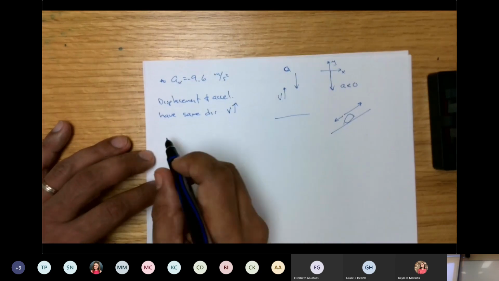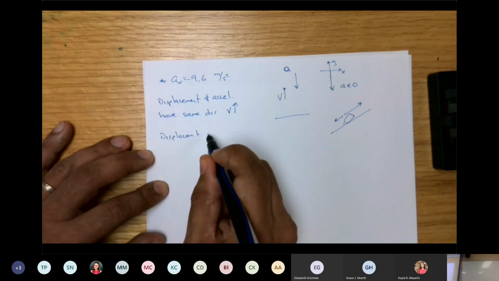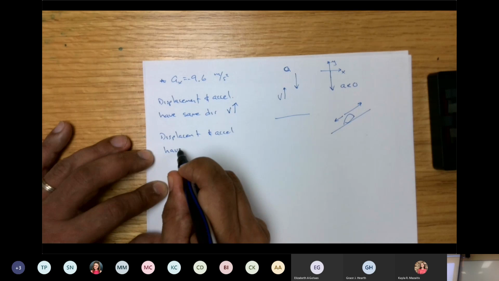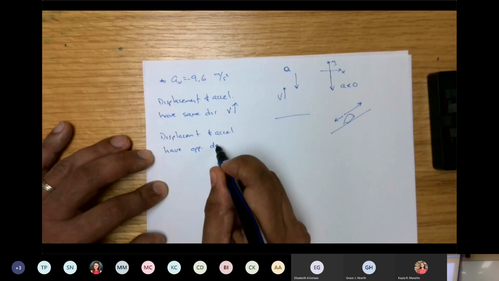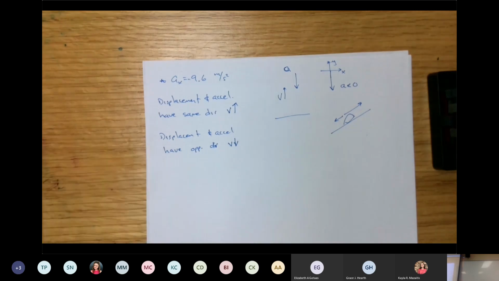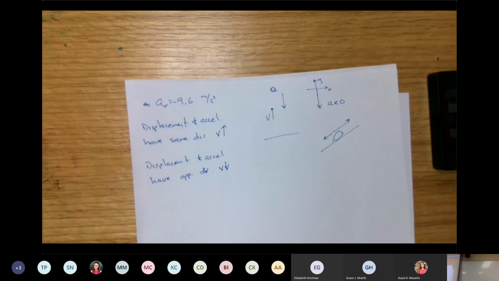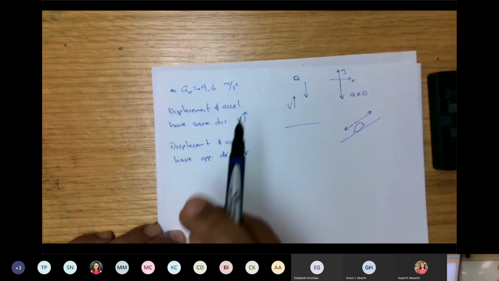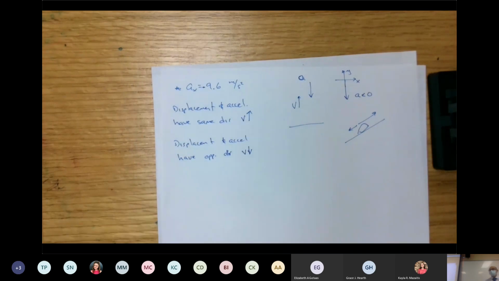But if the displacement and the acceleration have opposite directions, then the velocity is going to go down. Okay, so again, you cannot tell just by the value of acceleration if something is speeding up or slowing down. You need to compare that to the displacement, to which direction the object is moving.